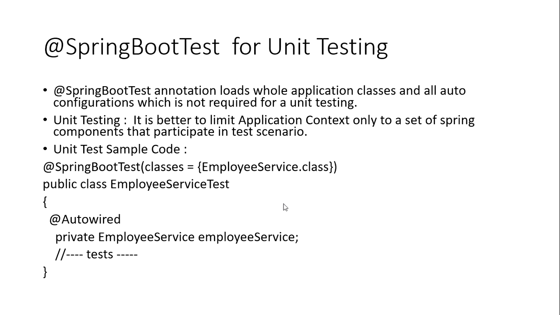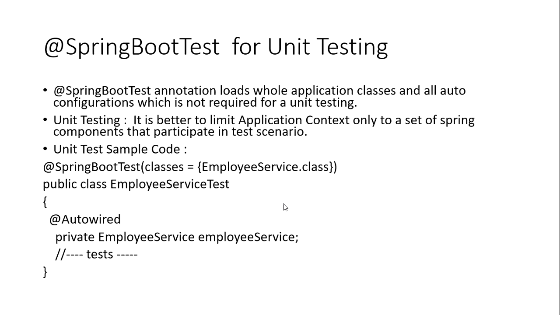Internally, of course, it will initiate the application context and enable all auto configurations, but it will scan only the classes you specify. So that is one solution. By that way we can minimize the application context initialization to some extent.